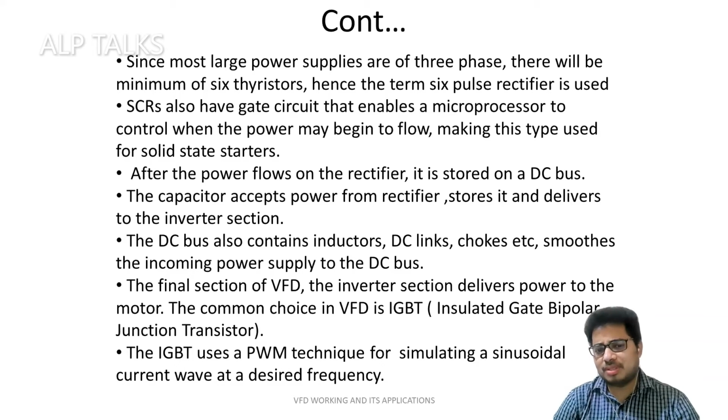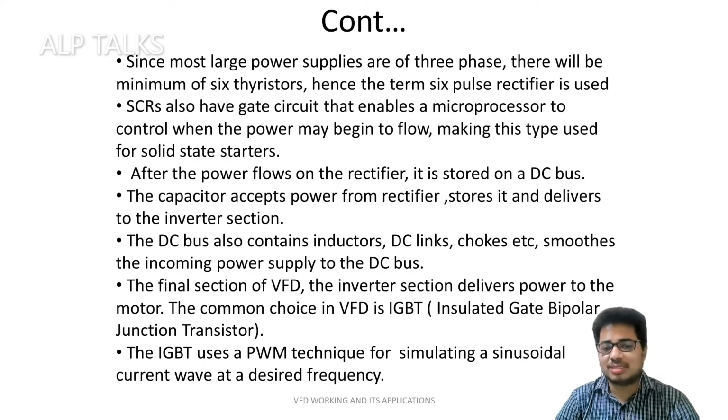After the power flows through the rectifier, it is stored on the DC bus. The capacitor accepts power from the rectifier, stores it, and delivers it to the inverter section. The DC bus also contains inductors, like DC links, chokes, etc., which smooth the incoming power supply to the DC bus.